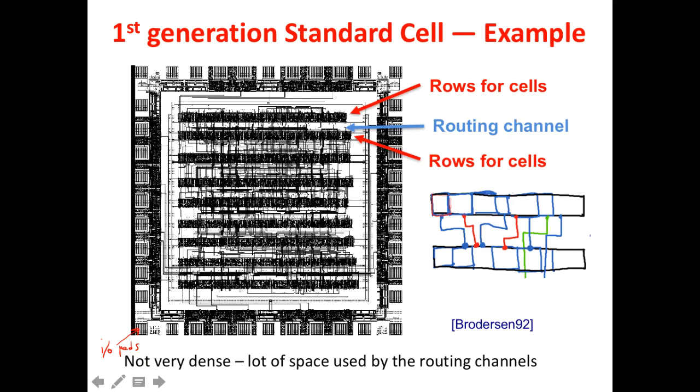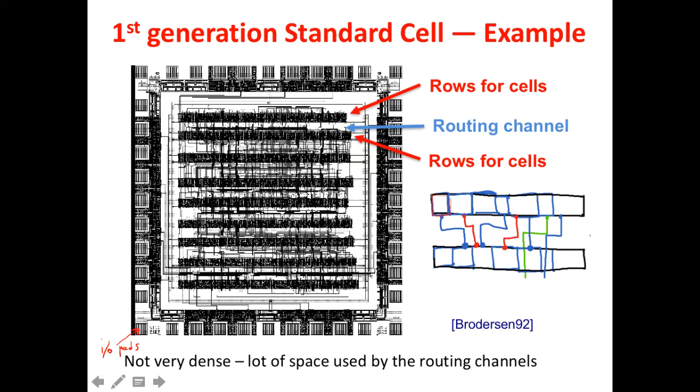So each standard cell is done in such a way as to have the input and output voltages on the lower or upper sides, so that it's easy to use the routing channel for the interconnections.